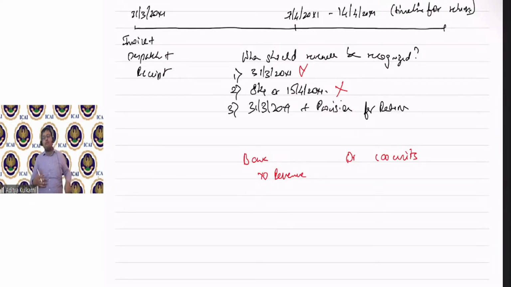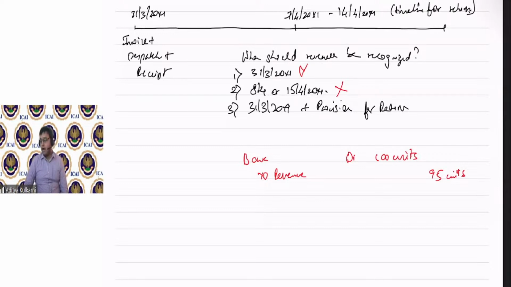So I have to make an estimate of the goods that will not be returned, for which I will recognize a contract liability. It is as if I received an advance. And for the balance, we will proceed and recognize the revenue. So to revenue, let us assume this is 95 units. Your estimate is 95 units will not come back.